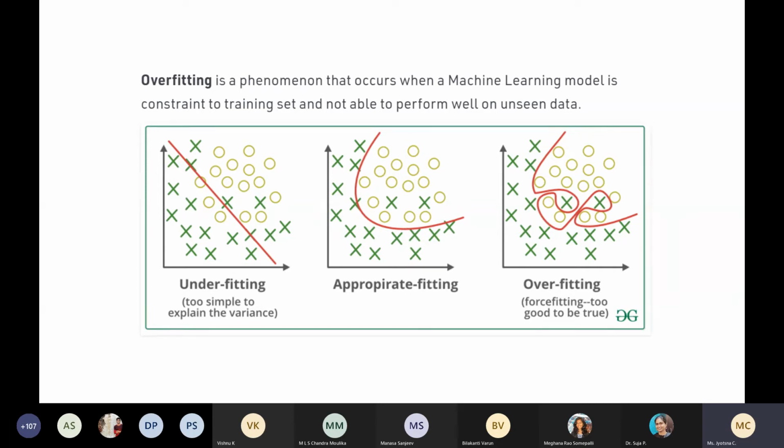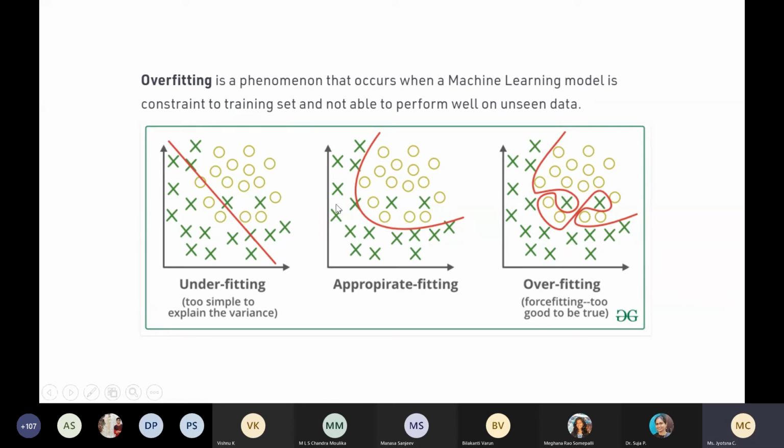I'm giving very few data and training the algorithm, so it may not be able to learn properly because the number of data given is less. That is called underfitting. Underfitting means most of the things it will misclassify. You can see here, in this classification, the green color also goes to the other side.